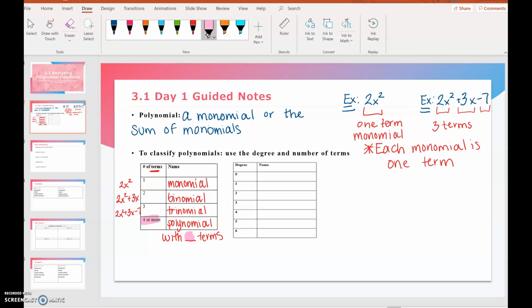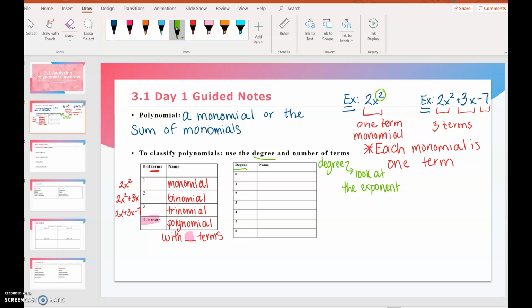So that's half of your classifying, but then you also need to use the degree. Well, what's the degree? The degree is you're looking at the exponent. We'll have this definition on the next slide actually.